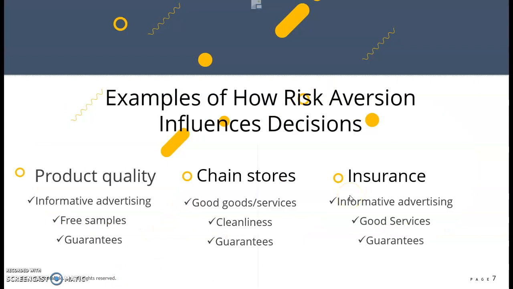Here are examples of how risk aversion influences decisions. The first one is according to product quality.